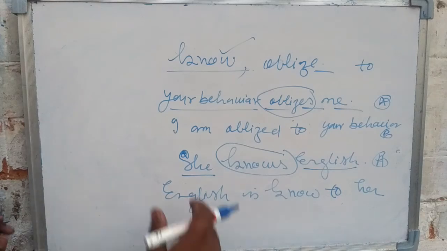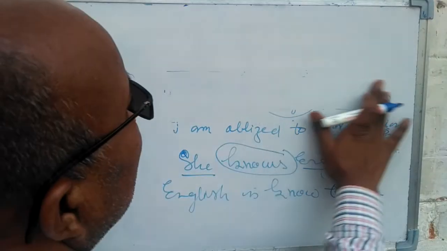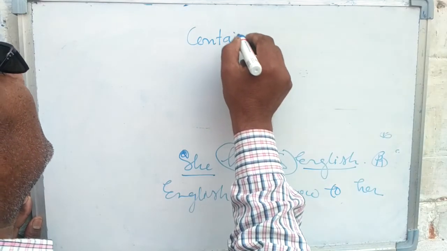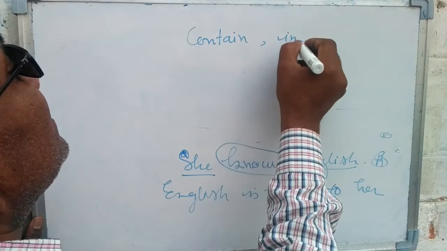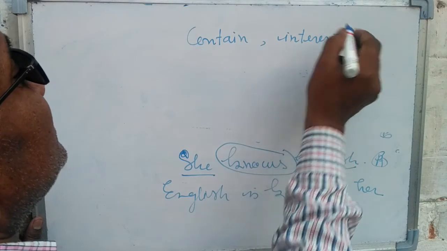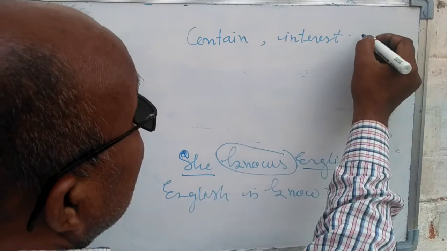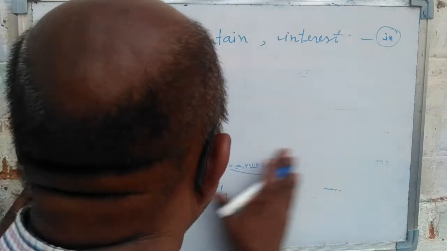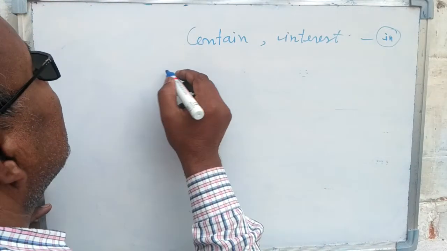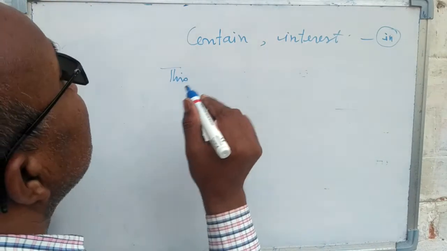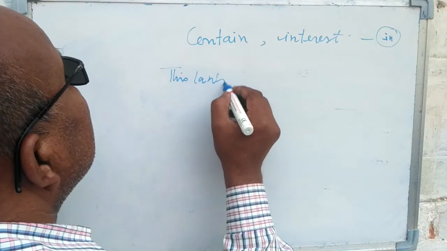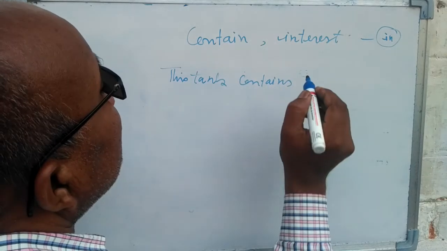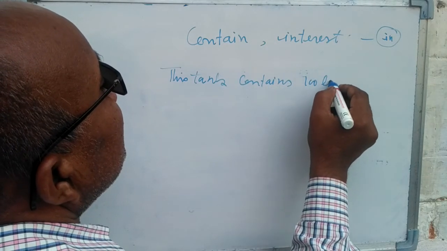In the same way, if the word of the active voice is contain and interest, then you will write in in place of by. For example, this tank contains 100 liters.